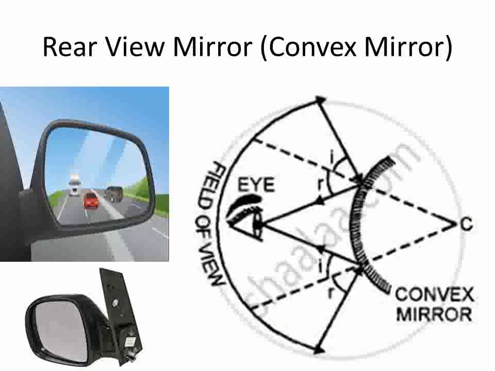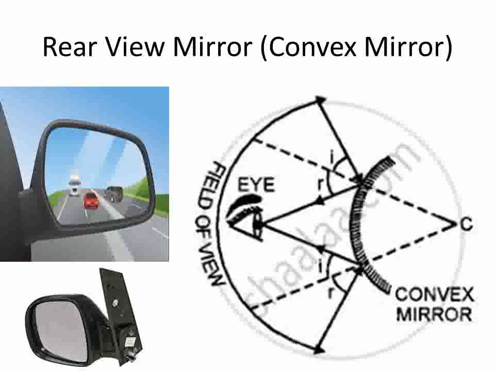Rear view mirror, it is a convex mirror, and this is a ray diagram in which the large field of view behind the driver's side is shown in the figure. Rays of light coming from the field of view on the upper side and bottom side are shown in the figure.